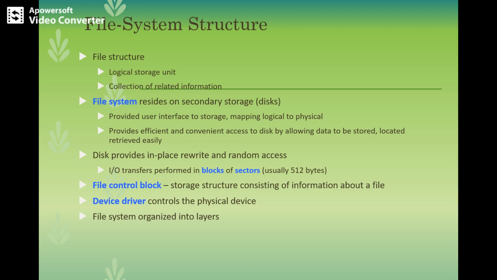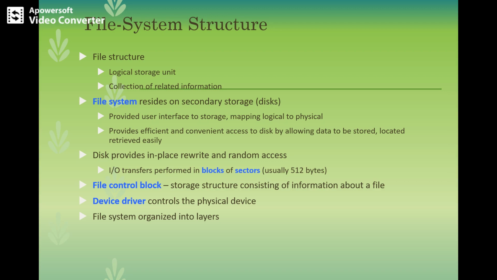So we have got another unit called the file control block. What exactly is the file control block? This block contains information about the file, which includes ownership, permissions, and location of the file contents.